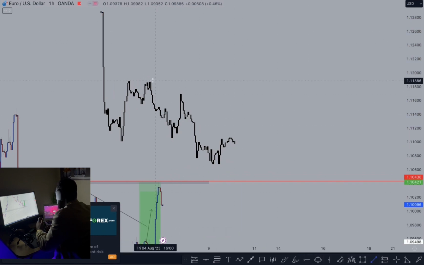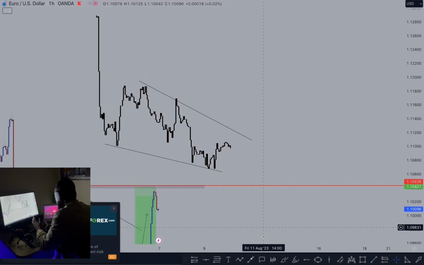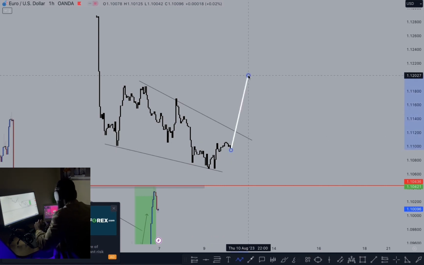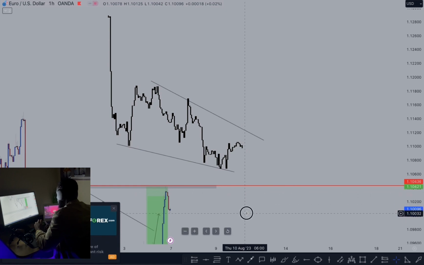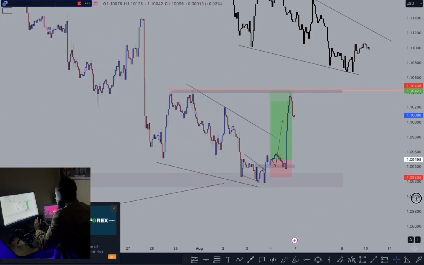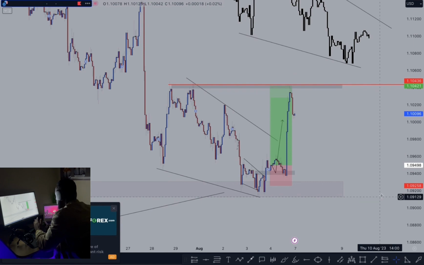If I add my trend lines, this is the correction phase, and this is a falling wedge pattern, which is a reversal pattern, indicating that price is likely to reverse, which means we're expecting price to go up. So within this structure that you are seeing right here, I also saw a pattern within a pattern.